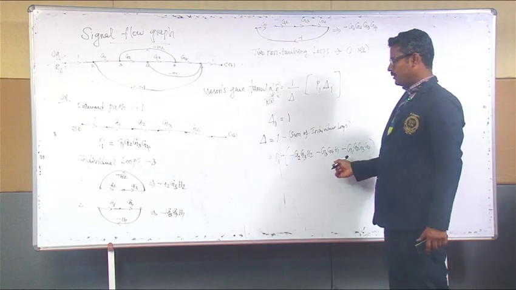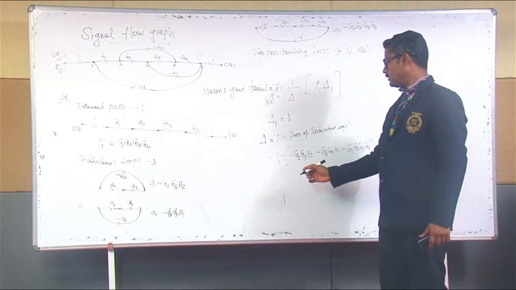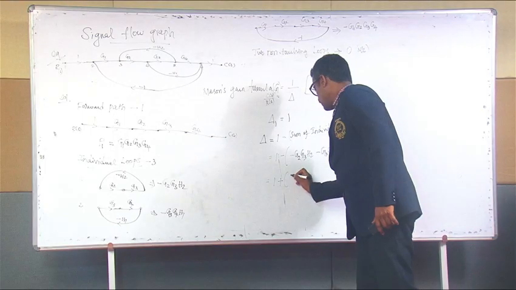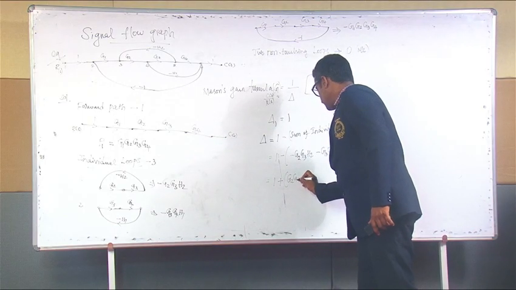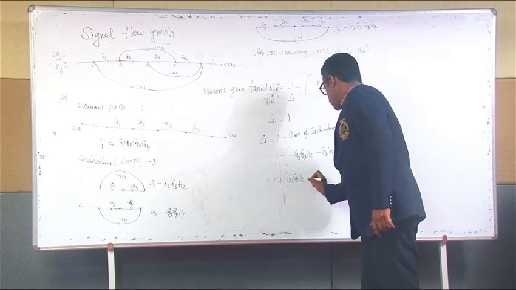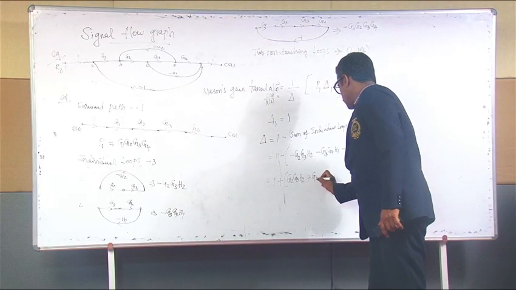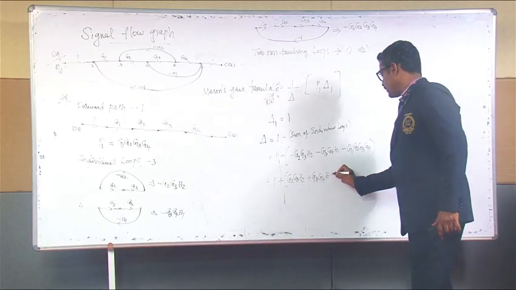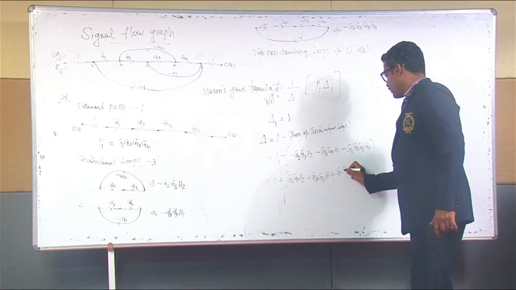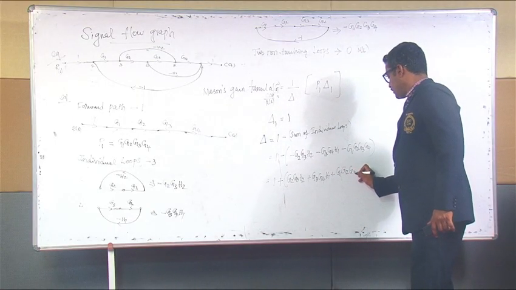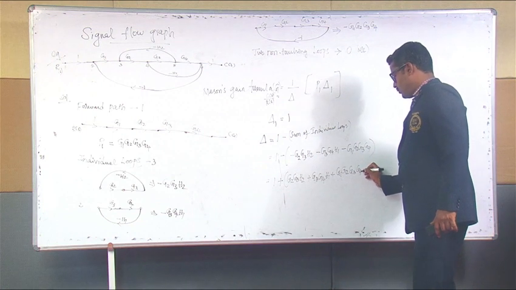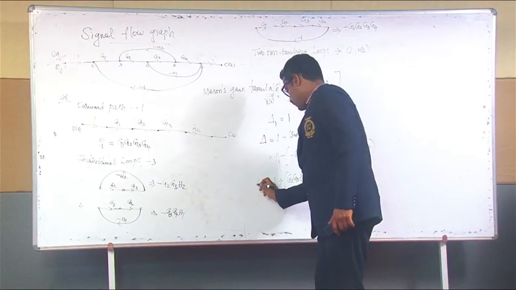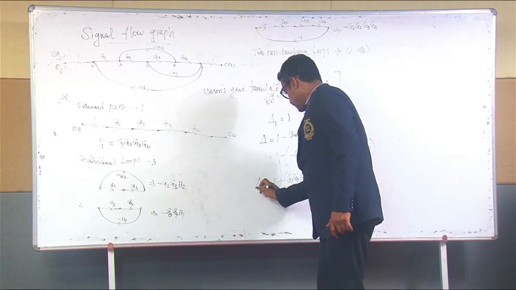Okay, so we can take the minus commonly outside and you will get 1 plus G2, G3, H2 plus G3, G4, H1 plus G1, G2, G3 and G4. So this is the del value we calculated from the signal flow graph.